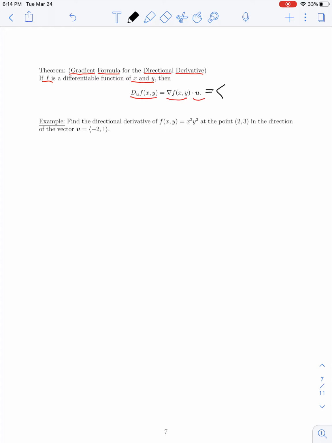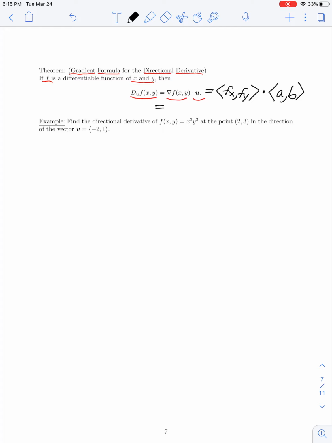So here, if we're thinking about the dot product of grad f and u, well, grad f is the vector whose components are the partial derivatives of f with respect to x and y, and we're taking the dot product of that with a unit vector u, whose components, let's say, are a and b.